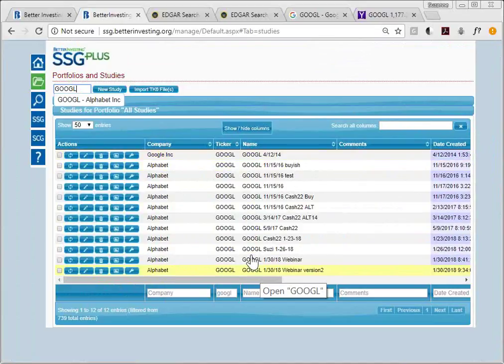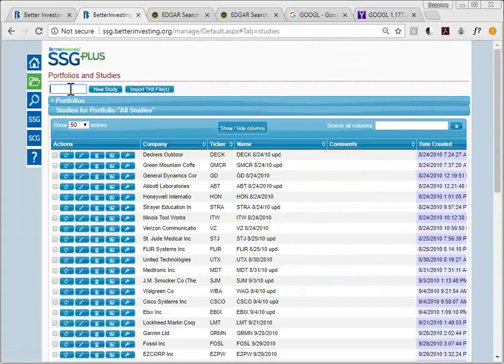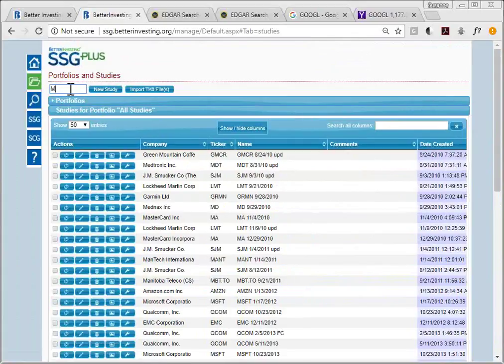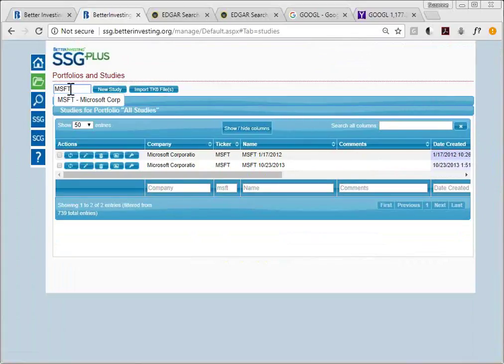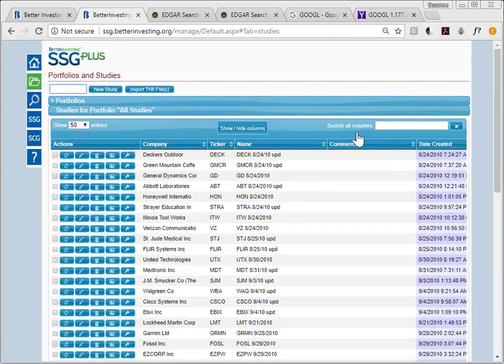And I have 12 previous Google studies or Alphabet studies. I'm going to erase that. So let's say I'm going to do a study on Microsoft. Do I have an old one I can work from? Well, 2012, 2013, I might decide to get rid of those and actually delete them before creating a new one, or I might decide to start from them. So that's a handy way.